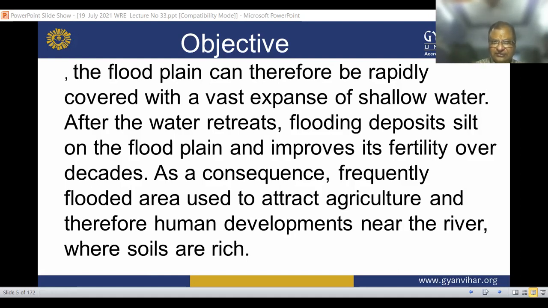After the water retreats, flooding deposits sediment on the floodplain and improves its fertility over the decades. Consequently, flooded areas used to attract agriculture and therefore human development near the river, where soils are rich.